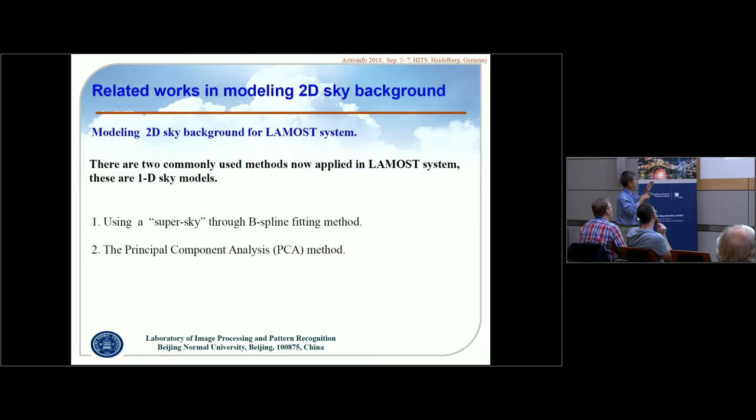We average these 10 into one sky signal line, then use B-spline to fit this line. All the other fibers are considered object signal plus sky signal, and we use this as the subtractor to eliminate the sky signal. Another method is principal component analysis.